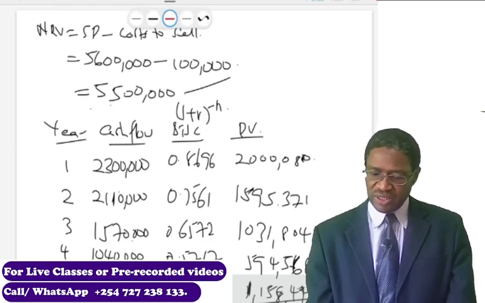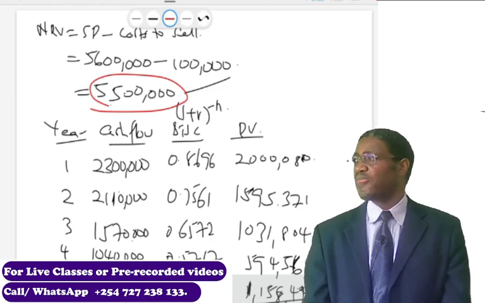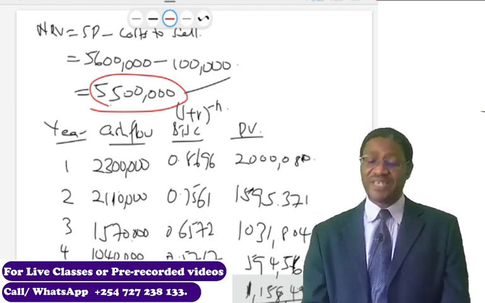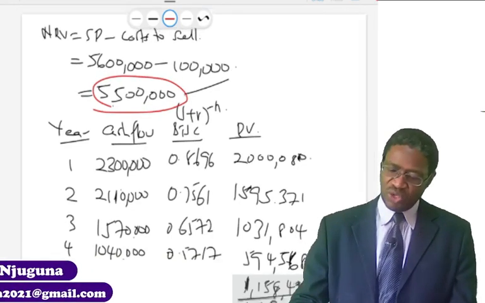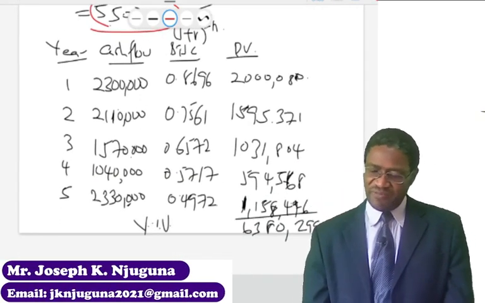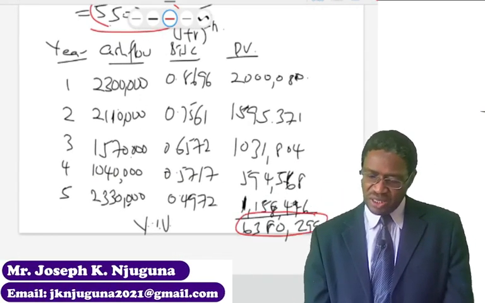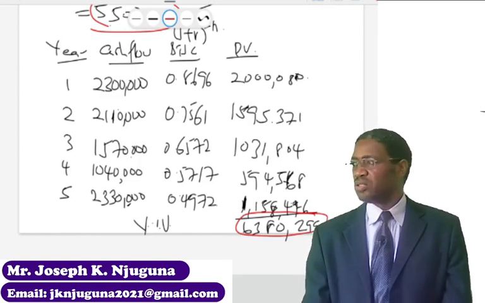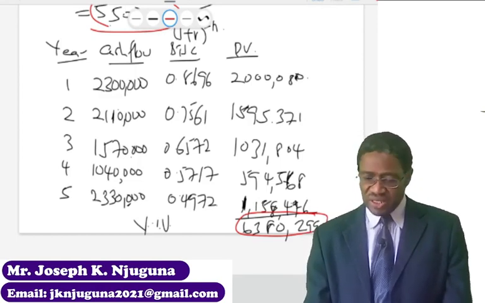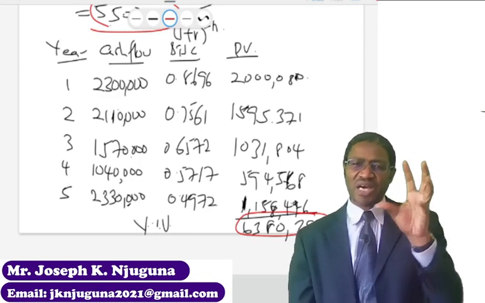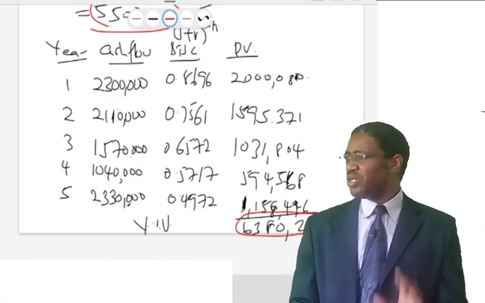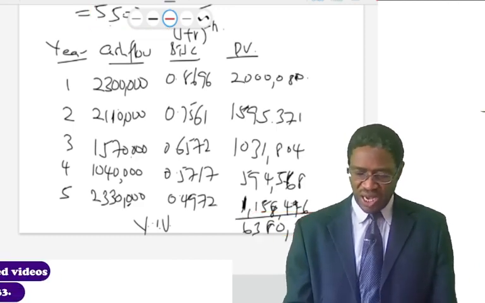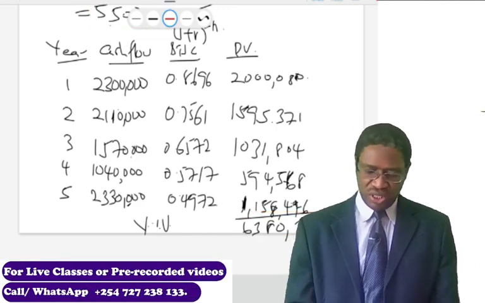We have computed the value in use to be 6 million. And we have said this, to get the recoverable amount, you compare the two and you pick whichever is higher.